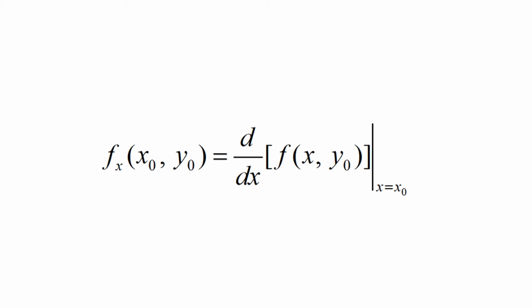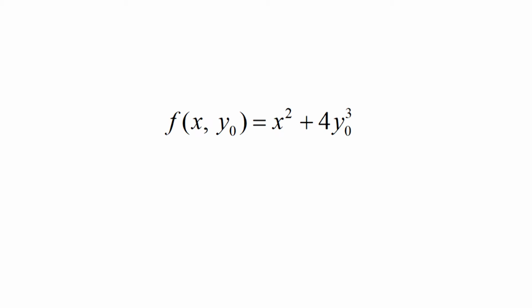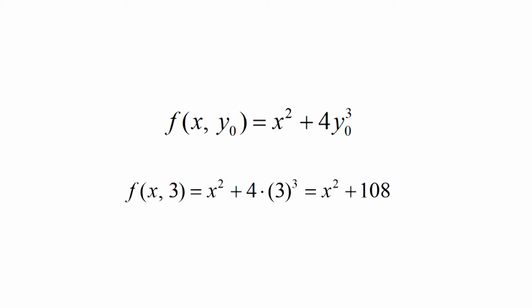We use f suffix x of x naught y naught is equal to d by dx of f of x y naught evaluated when x is equal to x naught. Since f of x y naught is equal to x square plus 4 y naught cube, we have f of x 3 is equal to x square plus 4 into 3 cube, which is equal to x square plus 108.